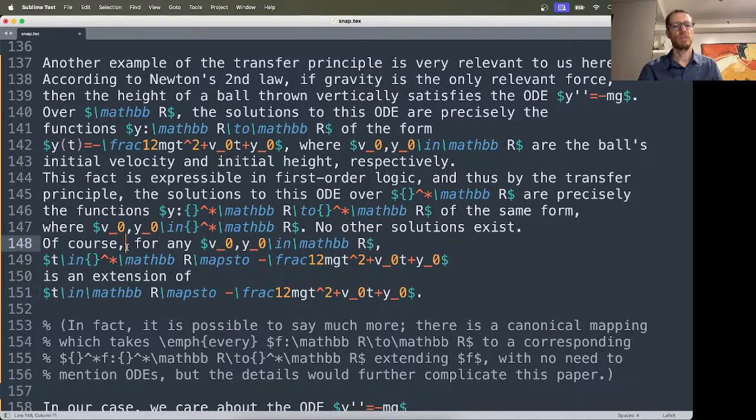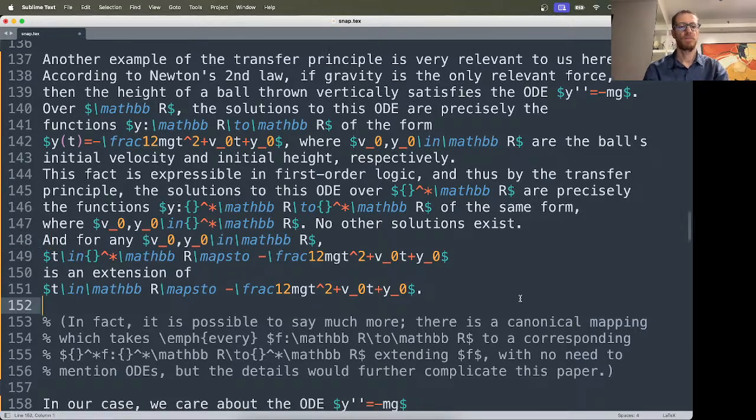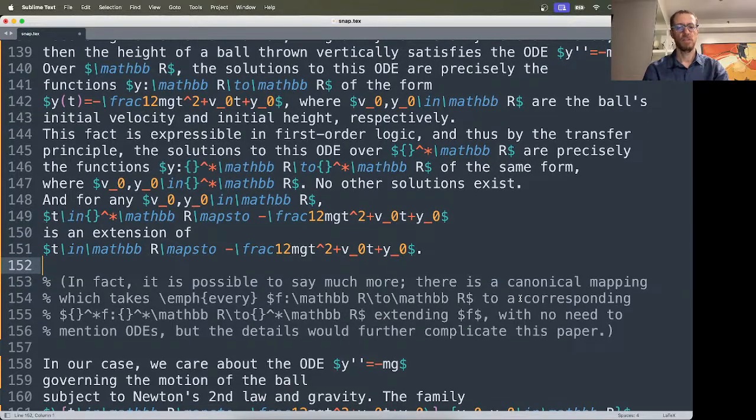Is that an "of course," or is that an "also," or an "and"? And for any v0, y0 in the reals, the hyperreal function is an extension of the real one.